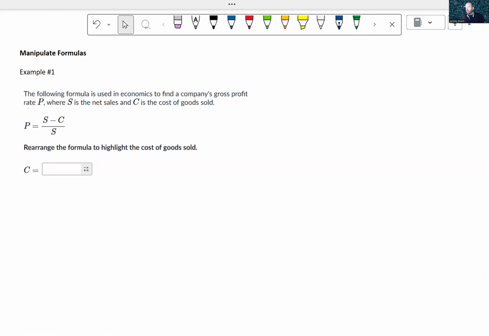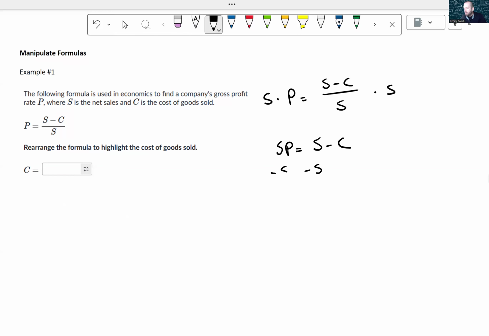So the first thing that I would do is multiply by S on both sides. So we're going to times by S, times by S. So now we have SP is equal to S minus C. We can subtract S on both sides.